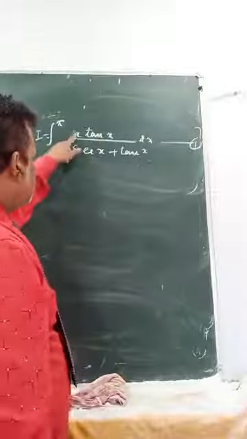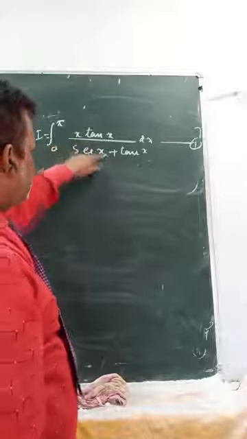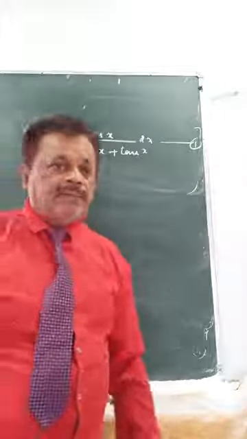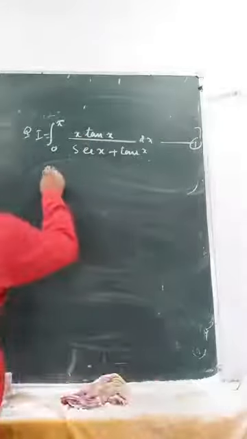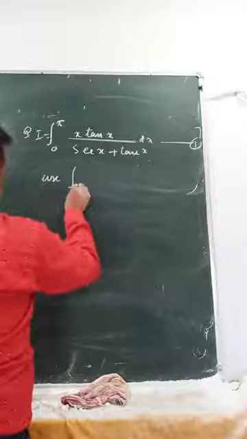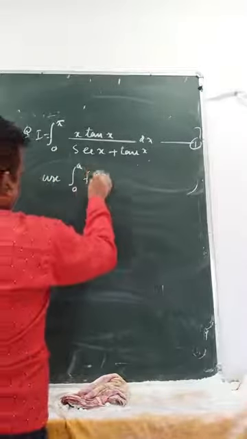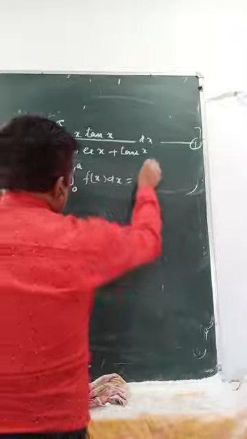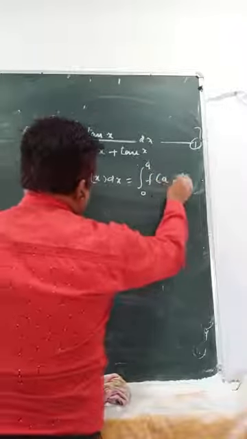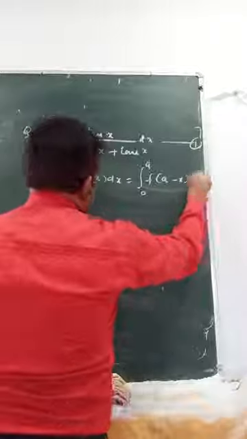You have to cancel out this x, because if x remains you cannot integrate. So to cancel x, I have to use the property: integral 0 to a f(x) dx equals integral 0 to a f(a minus x) dx.